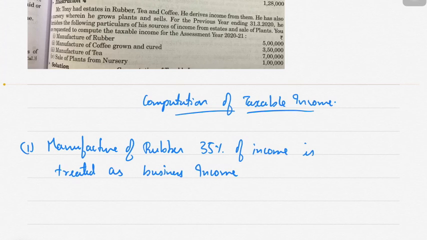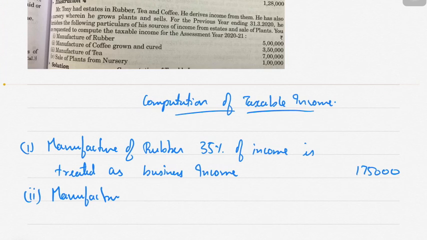So 5 lakh into 35% comes to 1,75,000. Second one, manufacture of coffee grown and cured. In this case, 25% is treated as business income, correct?